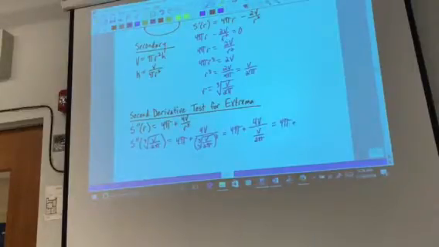Remember, what are we going to do to simplify that? Multiply by the reciprocal of the denominator. 4v divided by v divided by 2 pi is the same as 4v times 2 pi divided by v. So we can add them, that's 12 pi.